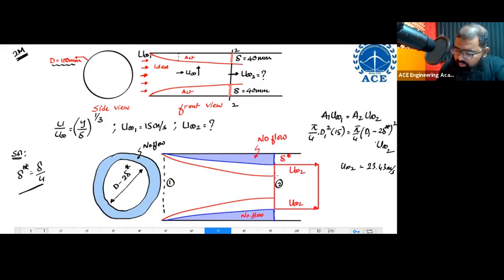U2 is going to be uniform only in this particular portion. And over here, it is supposed to increase from 0 till here. It is going to be something like this. This is how U2 in reality is going to be.